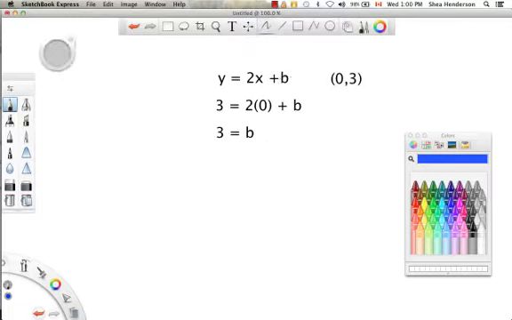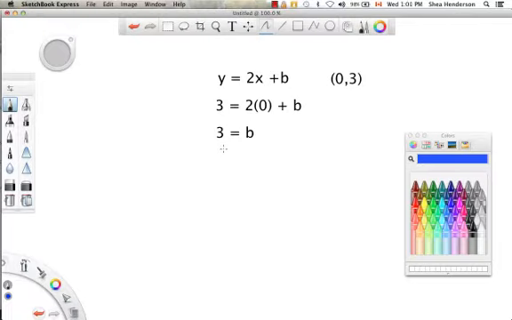Now we know that the line crosses the y-intercept, which is our b, at 3. That's what you're going to have to do for that question. That's what you're going to have to do for the last question on that exercise as well. You have y equals mx plus b as your equation. You know that the slope, or m, is going to be 3.